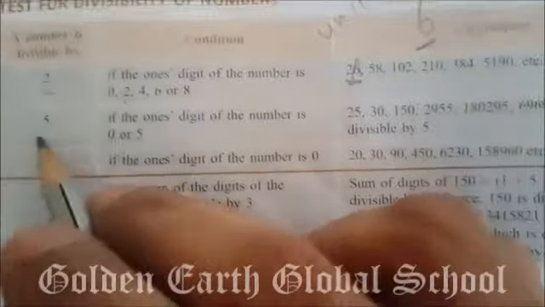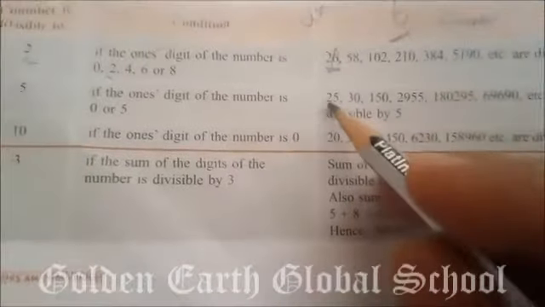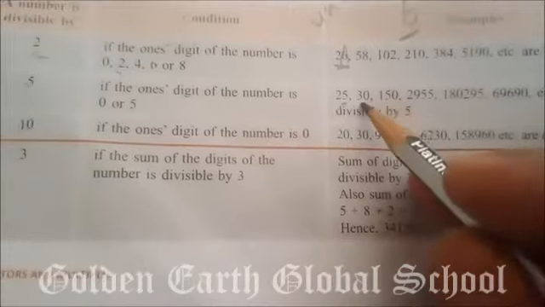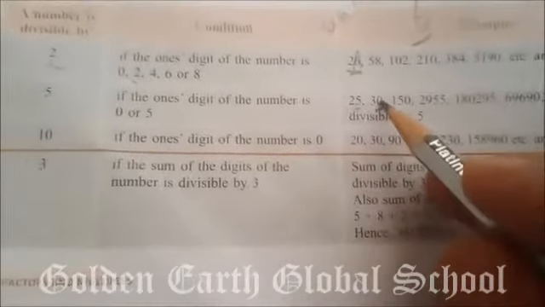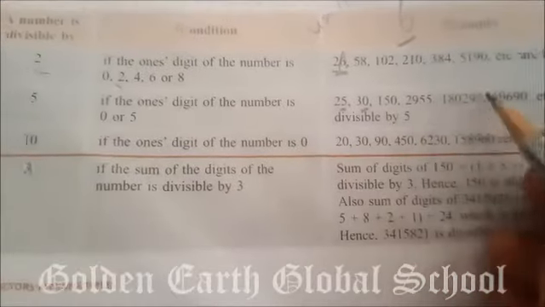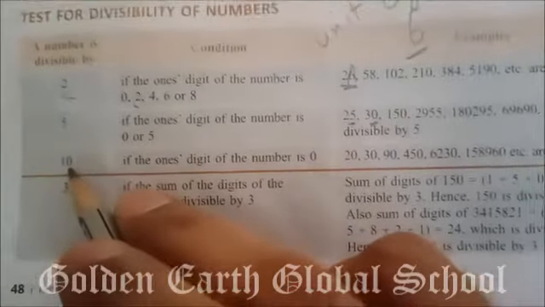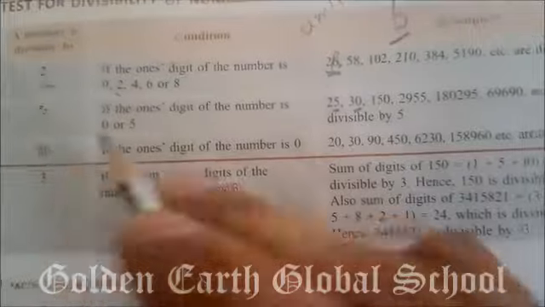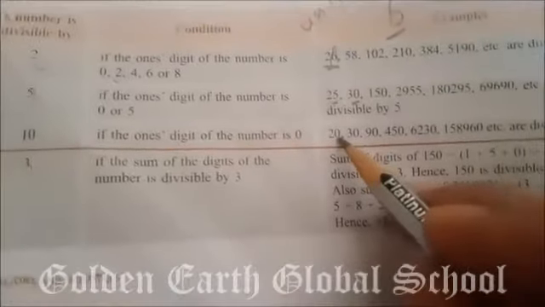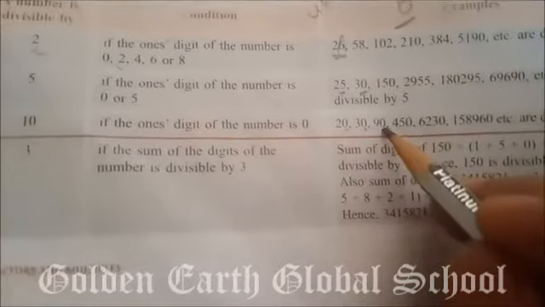Then 5: if the unit digit is 5 or 0, the number is divisible by 5. Now 10: look carefully, its unit digit is 0.